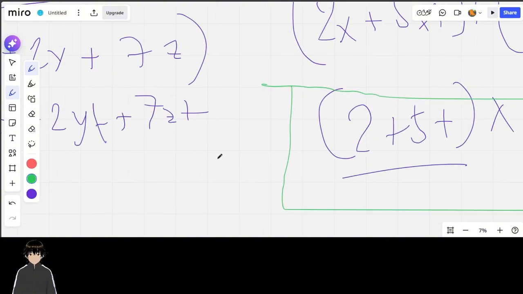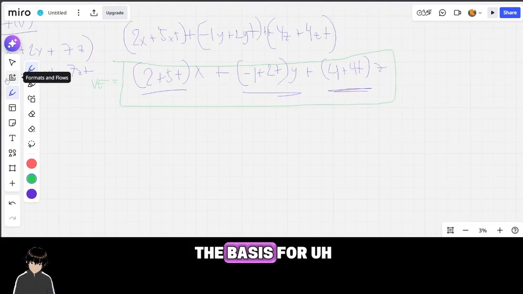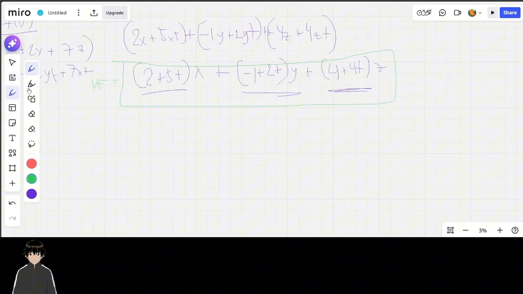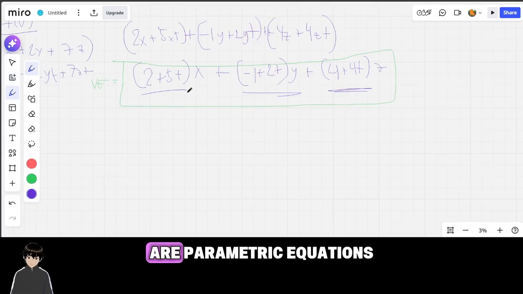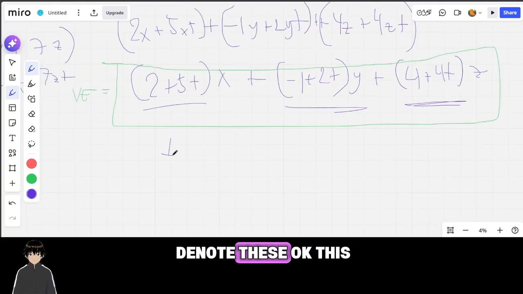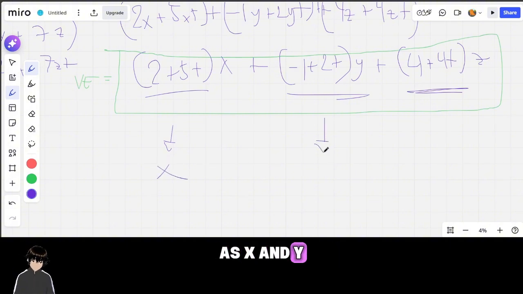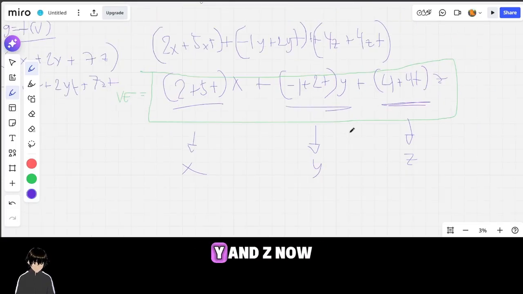Let's just denote it as VE, vector equations. So now this is going to be the basis for our parametric equations. We can just denote these, this parentheses, as x, y, and z.